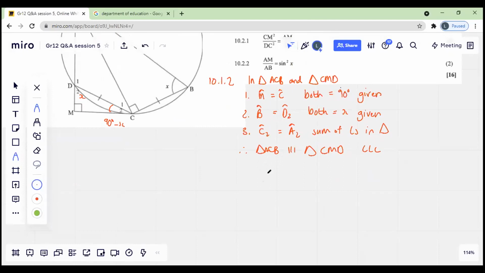That's what I'm talking about. All right, so in this case here, we've got that AC over CM would be equal to CB, so second and last over MD, would be equal to first and last AB over first and last CD.